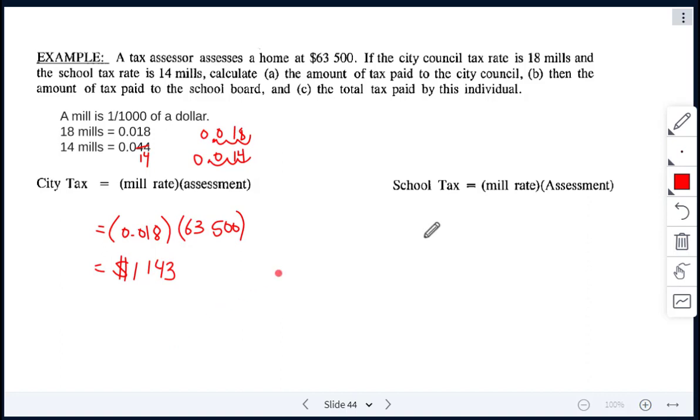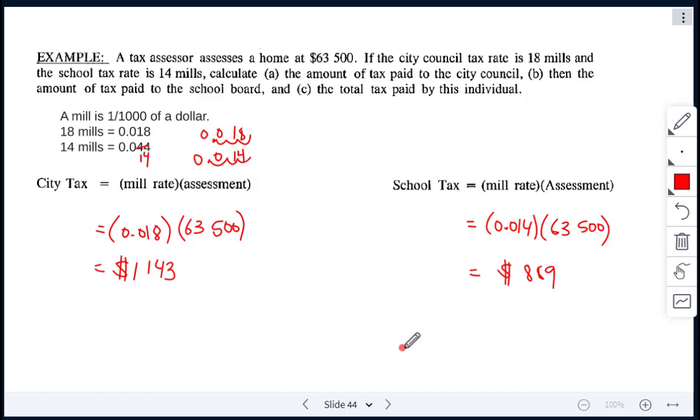And then the school tax, it's the mill rate of 0.014 multiplied by the assessment, 63,500, and that gives us a tax of 889.